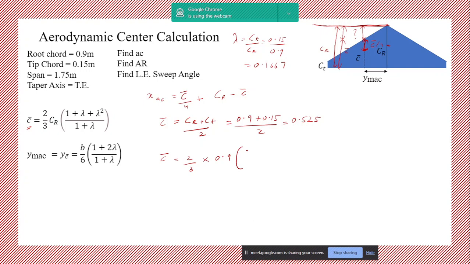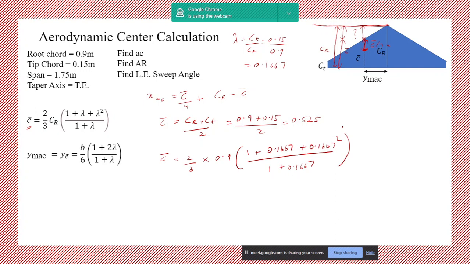So you have 1 plus 0.1667 plus 0.1667 squared by 1 plus 0.1667.